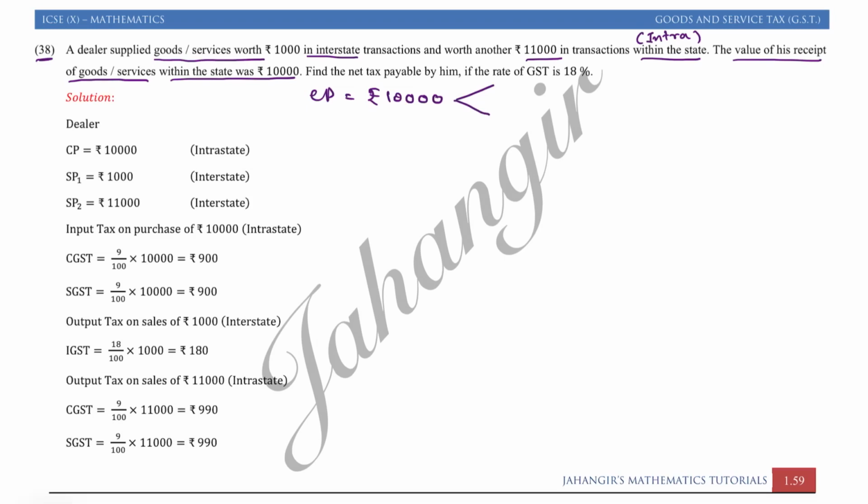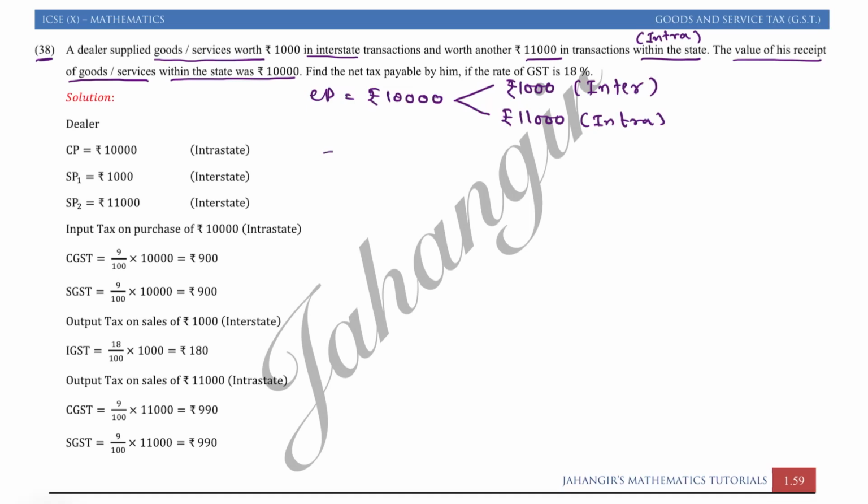Out of that, the first part he had sold for rupees 1,000, that is interstate, and the second part, 11,000, he had sold as intrastate. So you have to find the net tax payable by him if the rate of GST is 18%.